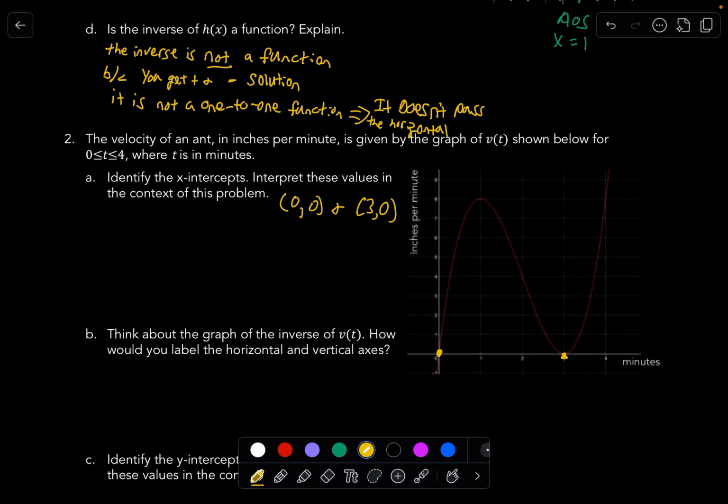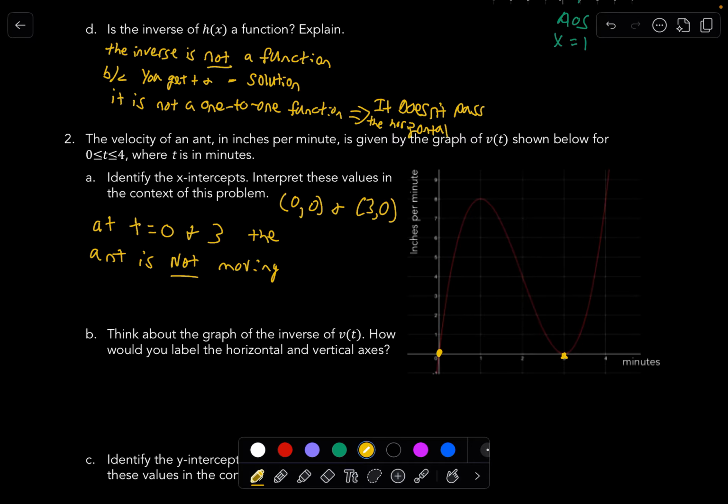Interpret these values in the context of this problem. At t equal to 0 and 3, the ant, because this is the graph of the velocity, is not moving.